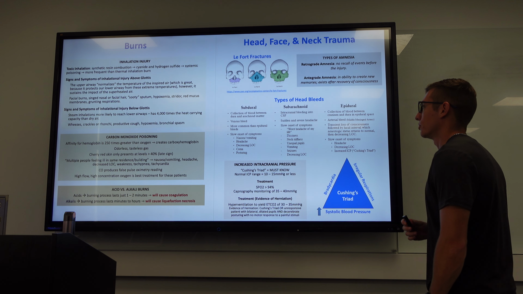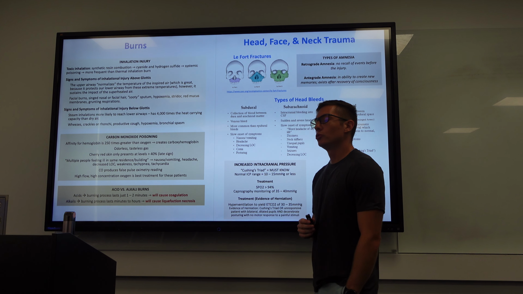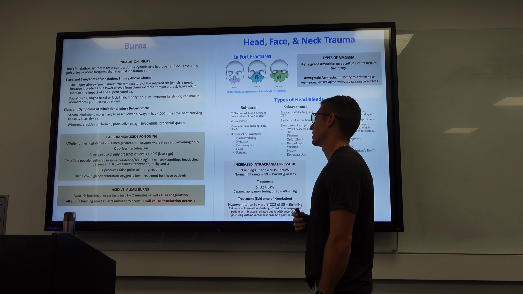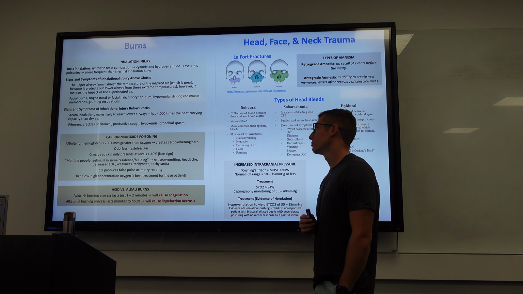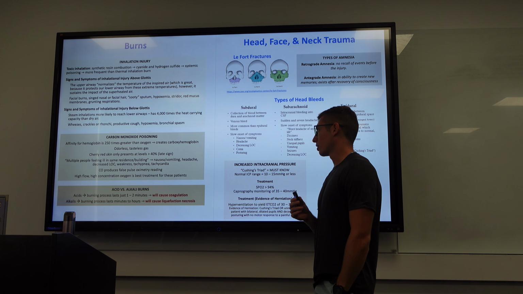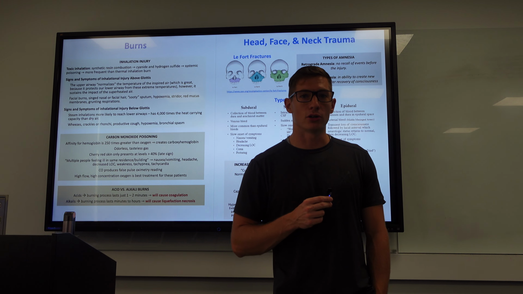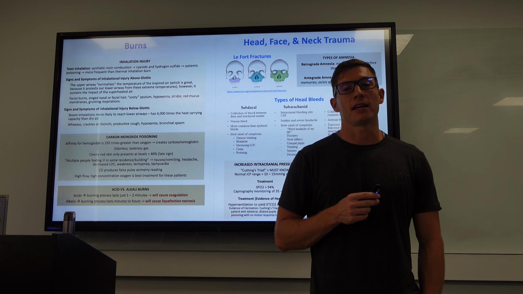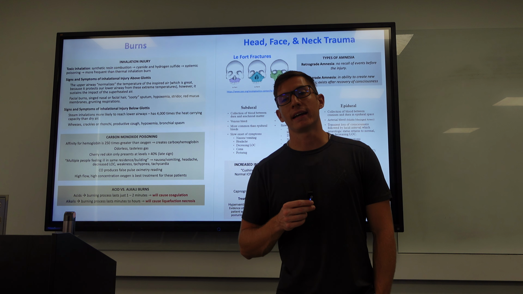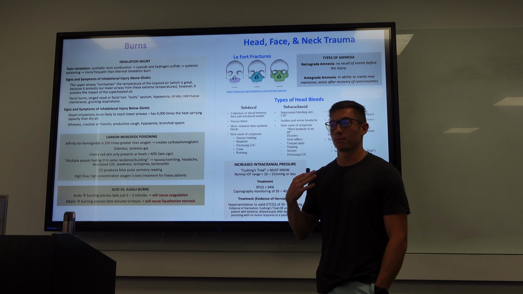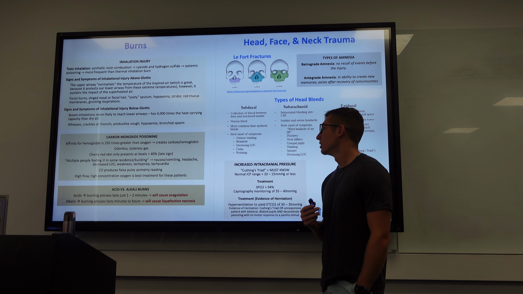So carbon monoxide poisoning. It has an affinity for hemoglobin 250 times more than oxygen. It's going to create carboxyhemoglobin. It's an odorless, tasteless gas. You will not know or be aware of it being there until you have a headache and feel lightheaded and woozy because you're not perfusing air.